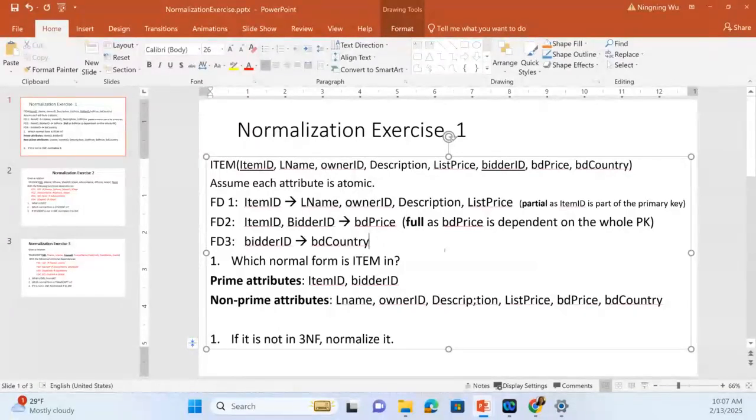So the dependent is a non-prime attribute, and the determinant is also a non-prime attribute. So according to this pattern, it is a transitive functional dependency, as both dependent and determinant are non-prime.